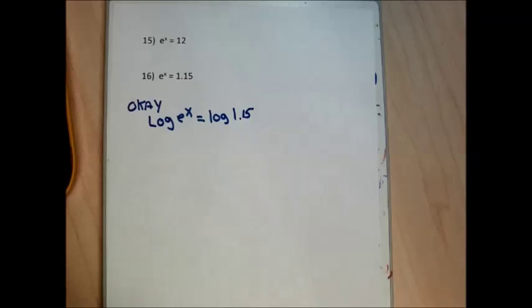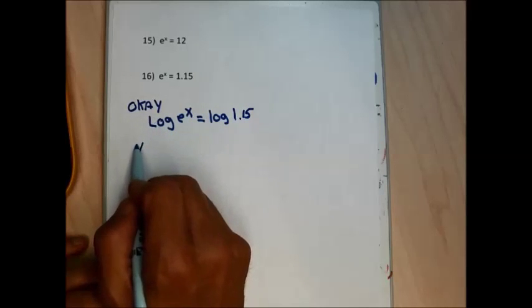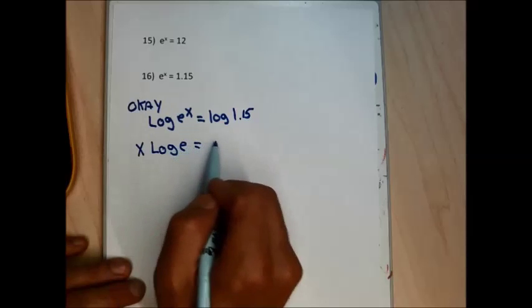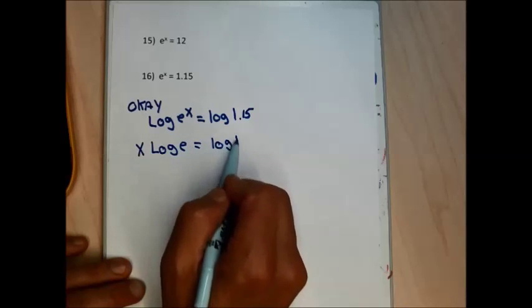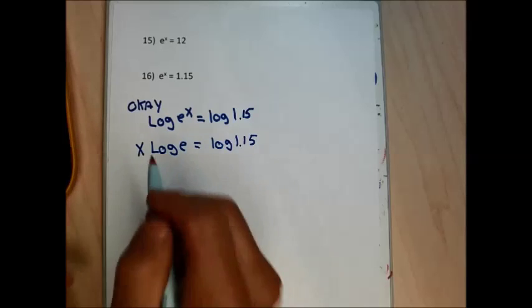Let me do that just quickly here. Make the exponent a coefficient, so I'll get x times the log of e equals the log of 1.15. And then divide both sides by the log of e.